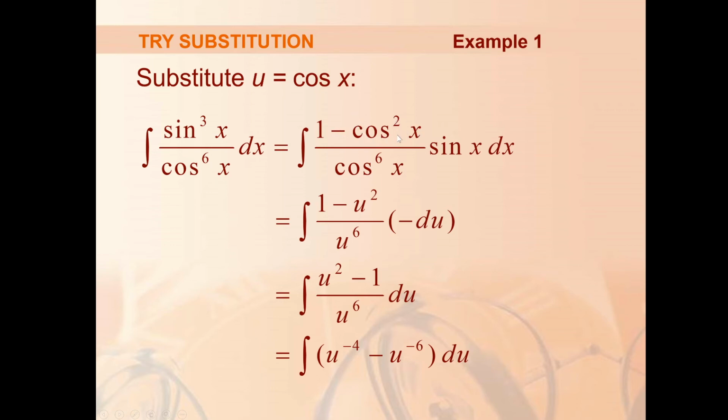And then we use the u substitution technique. Once you use the u substitution, we can separate those terms. We just swap those terms, so negative, negative turns out to be positive. That's why the integrand is written as u squared minus 1 over u to the power of 6. And then separate those terms out, so we can integrate each term individually.